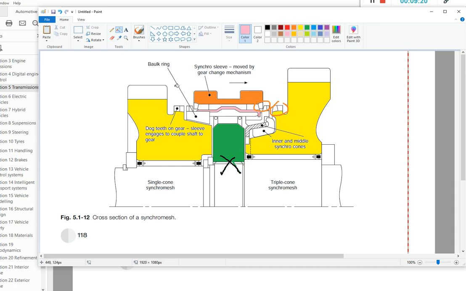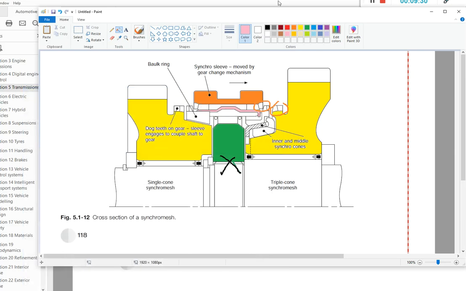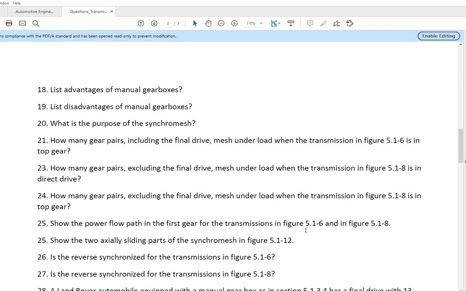Okay, so that was the second question, 25, and we had 21, 25. So let's see what else we have. 21. How many gear pairs, including a final drive, mesh under load?